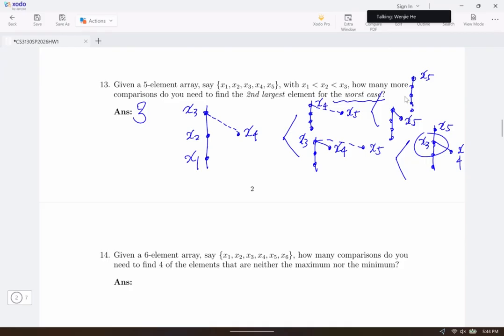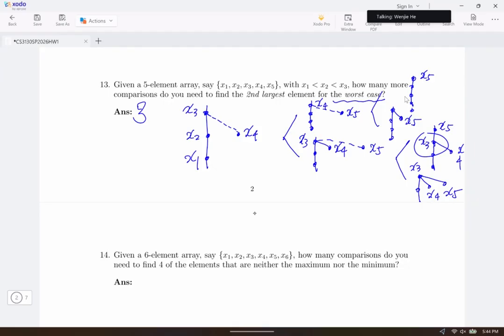So the worst case is that x3 is the highest, and x4 and x5 are both lower than x3. Then you need to do more work.